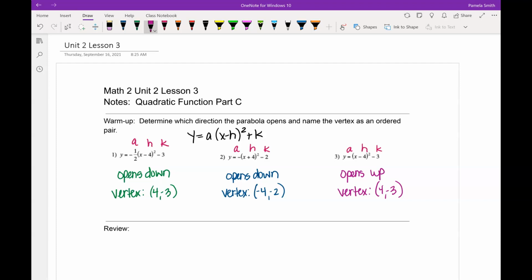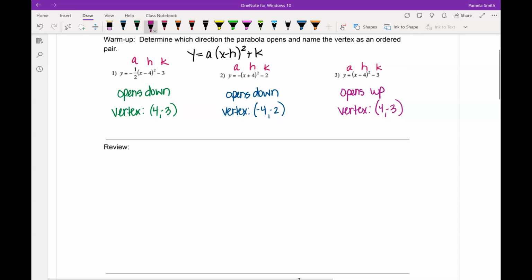And we're going to be using some of those ideas today as we go. We're still just working on transformations. How do these numbers affect an equation, and looking at it from different parts? Again, there's no new information today. We're just going to review some of the information that we've previously talked about in this unit so far.